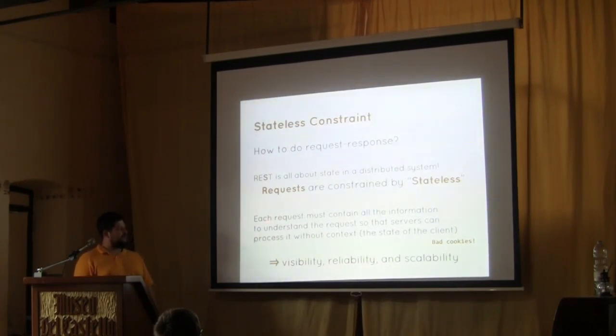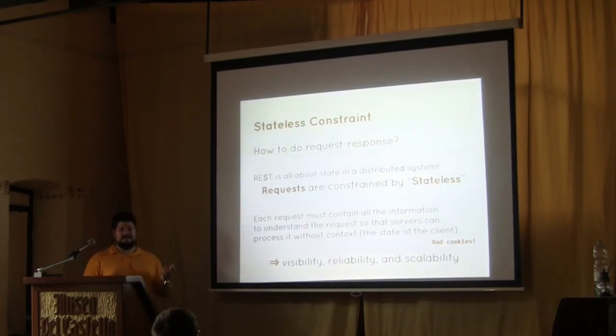So the point is that each request must contain all the information to understand the request and to process it without any additional context. And for instance, there are cookies in the web, they're used a lot. They are actually bad, so this violates this constraint actually because you need this context of the cookie to process it.